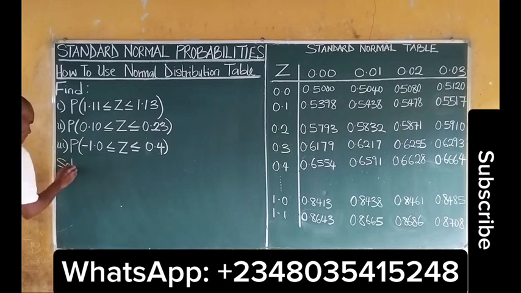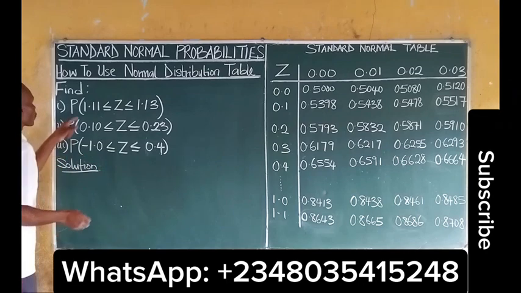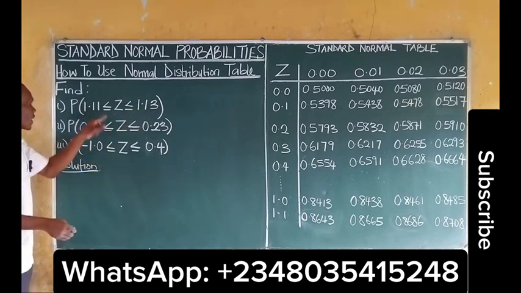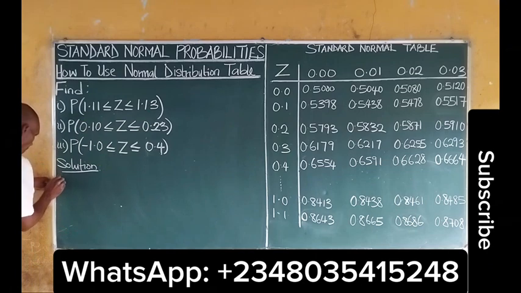Solution. We are given the question here, which has an interval, 1.11 and 1.13. How do we compute this?